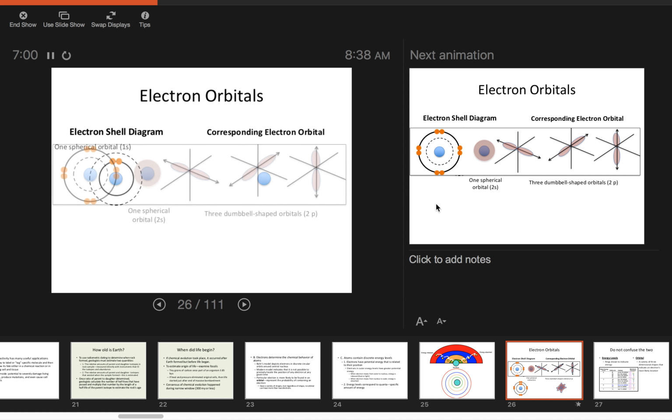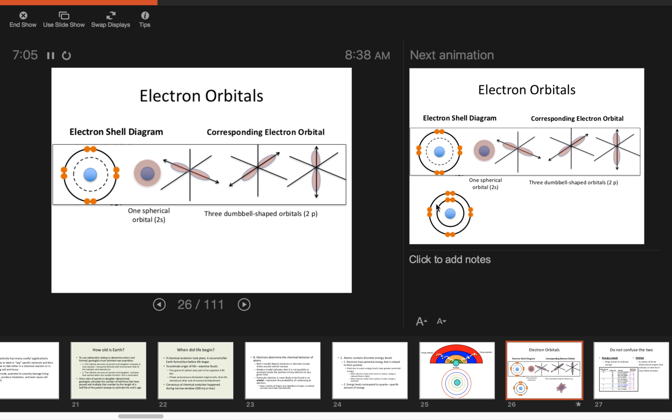Now, this next slide right here, if I move to the second energy level, notice it has 8 electrons, okay? And here I have another sphere, so there's 2 electrons, because remember, each orbital can only hold 2, and now I have this dumbbell shaped, so there's 2 here, and then I have a dumbbell shape in a different orientation, there's 2 here, and then the dumbbell shape and down, 2 here.